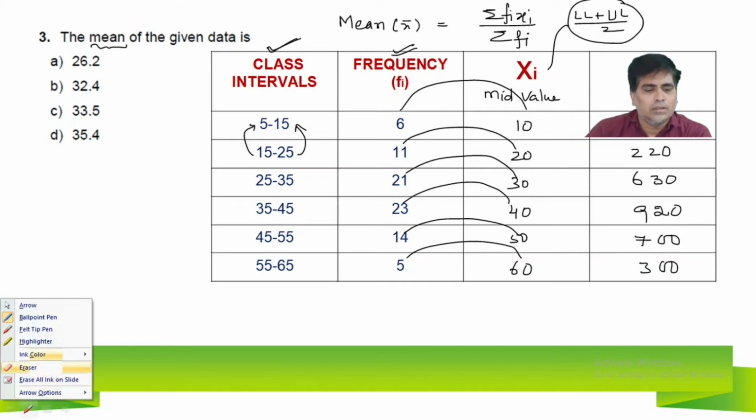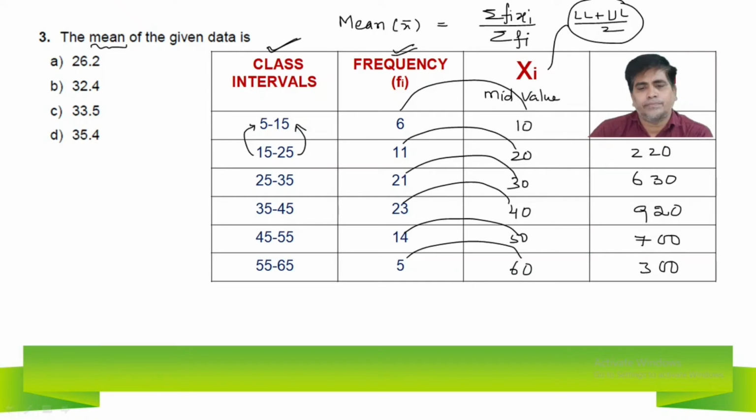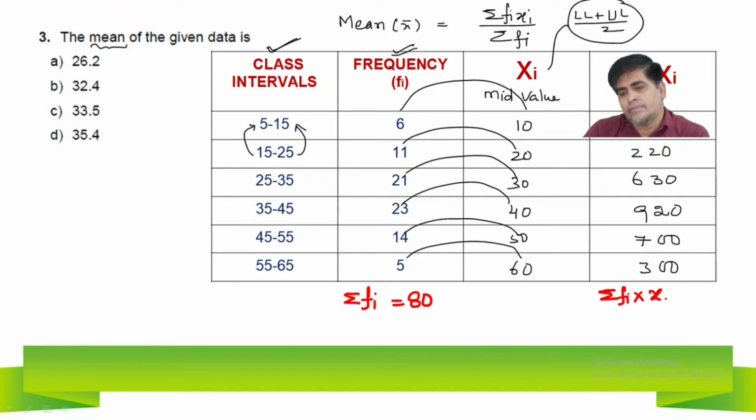Next we will find the total number of frequency. That is nothing but sigma fi, total number of cases indirectly. Already we calculated that we have 80 cases in the hospital number 1. So total number of frequency is 80 here. And we'll find out sigma fi xi.